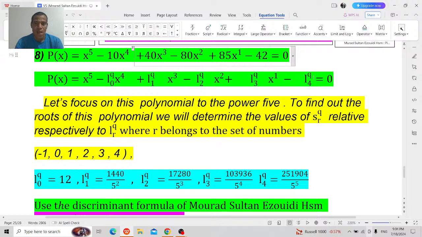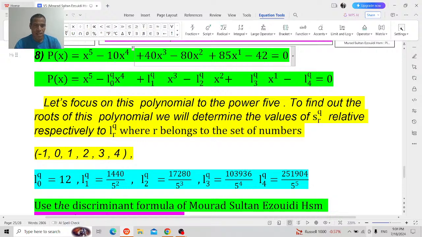It's clear that L4 is 42, L3 is negative 85, and L2 is equal to 80, L1 equal 40, and L0 of odq equal 10.